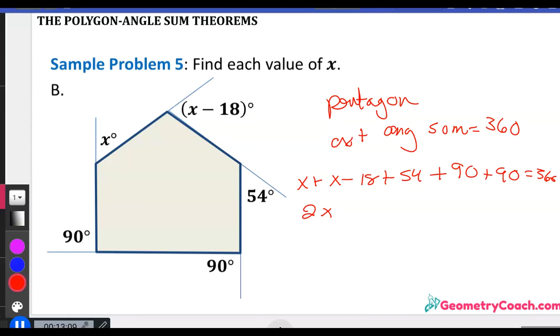So we got 2 x's and 54 plus 90 plus 90 minus 18. Subtract 216 from both sides. You get 144. So our x is going to equal 72 degrees.